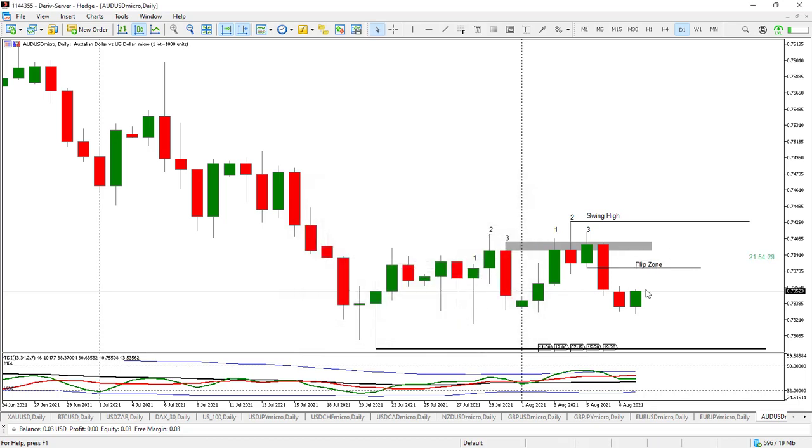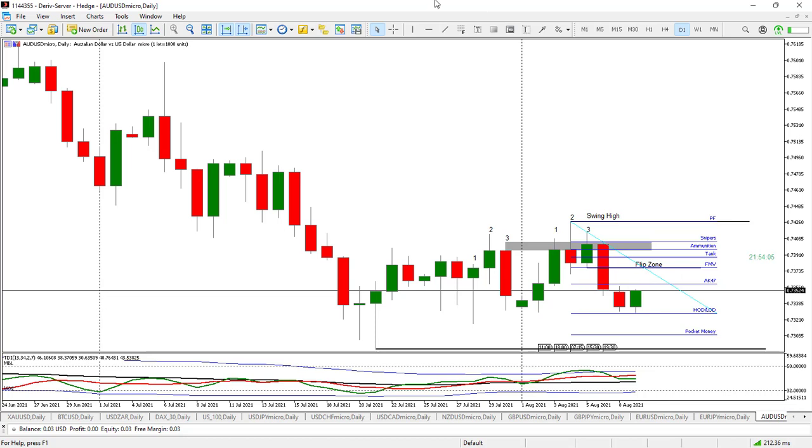We have a swing high here, then we have a flip zone, then we have the structure like this, and then I place my Fib from the high of the previous week to the low of this week that has been created, and I'm expecting the market to test the premium fair market value.